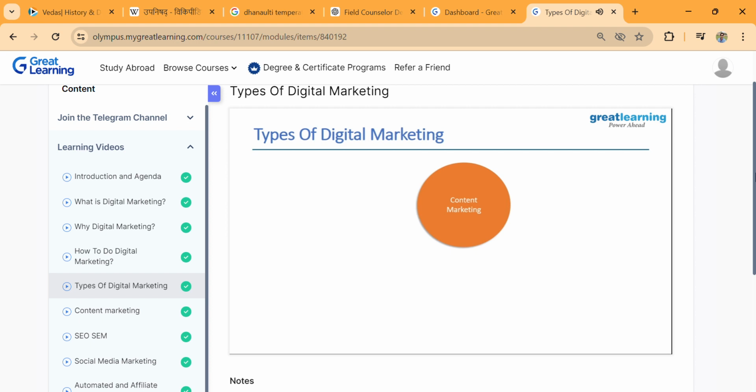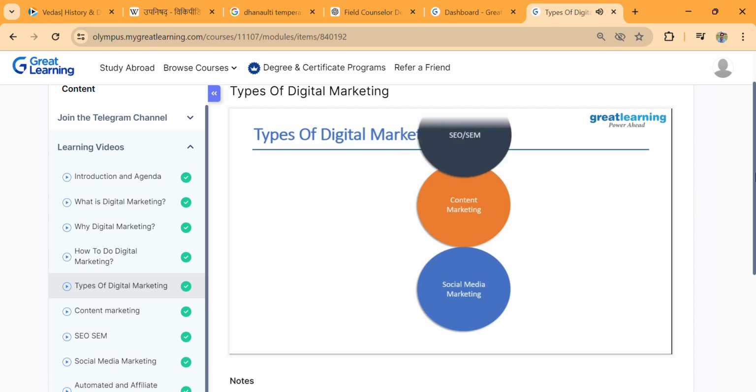The other one is social media marketing. How can you use online social media platforms to reach out to people to market a particular set of products? There are quite a few options in social media marketing. As we get into the depths of these topics, we'll talk about each one of them at length.